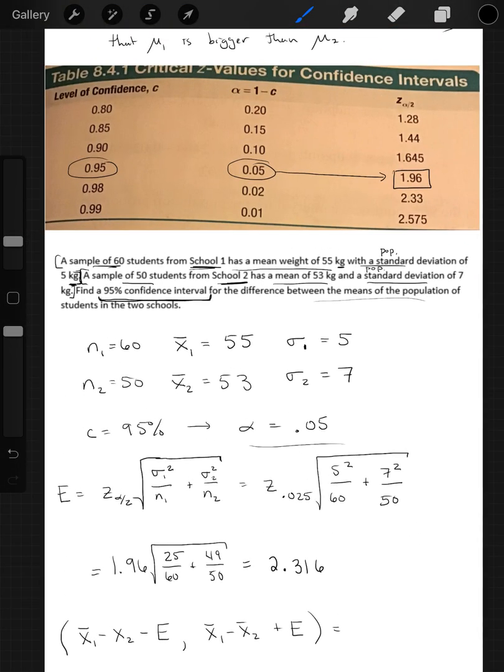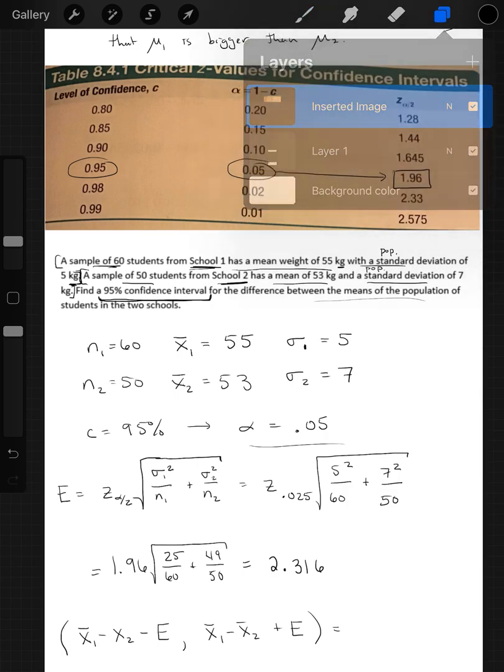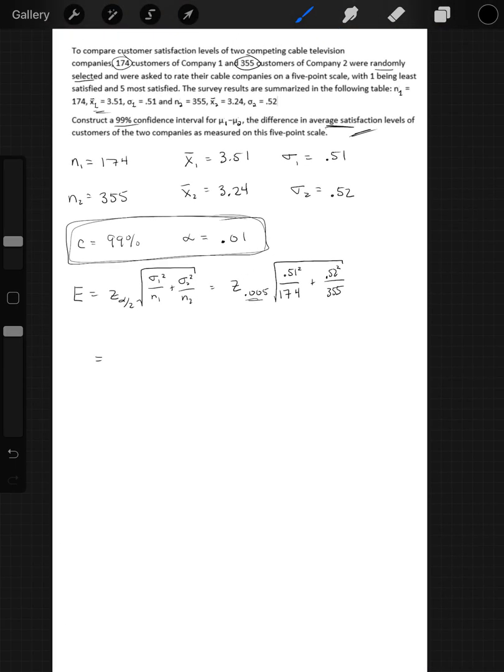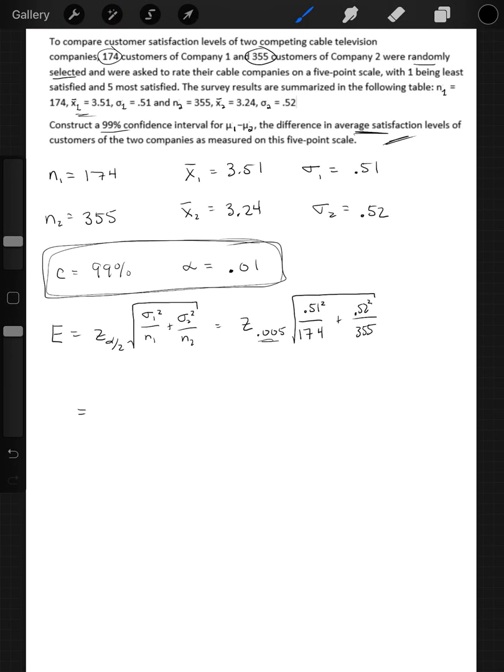So 99% matches up with this one. So we did get our C and our alpha associated correctly, which means that the Z-score we want is 2.575. So 2.575 times the square root of this stuff. And this is a good calculator time.